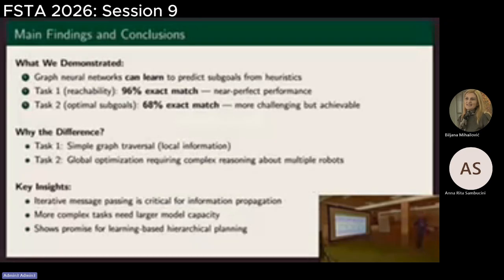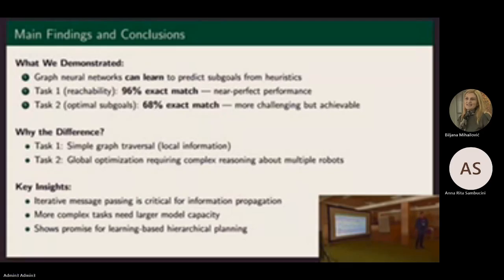And you might ask why the difference. The first task is basically a simple graph traversal with some local information. It's not difficult at all for the model to learn. But the second task is, in a way, a global optimization. The model needs to reason about multiple robots and compare different paths across the entire graph.